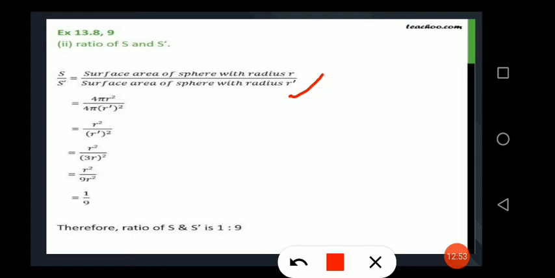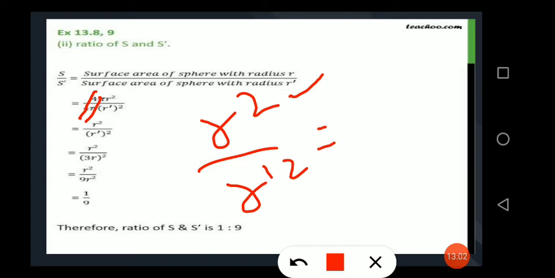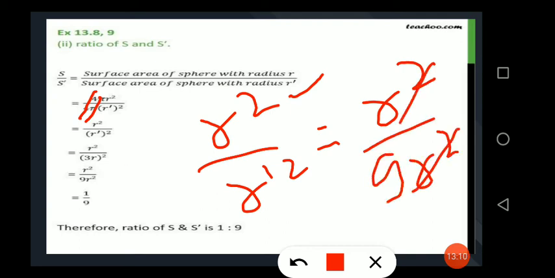So we know the surface area is 4 pi r square. Again 4 and 4 cancel, pi and pi cancel. We get r square by r dash square. And just now we get r dash is equal to 3r. So r square by 9 r square. R square cancel, and we get 1:9.